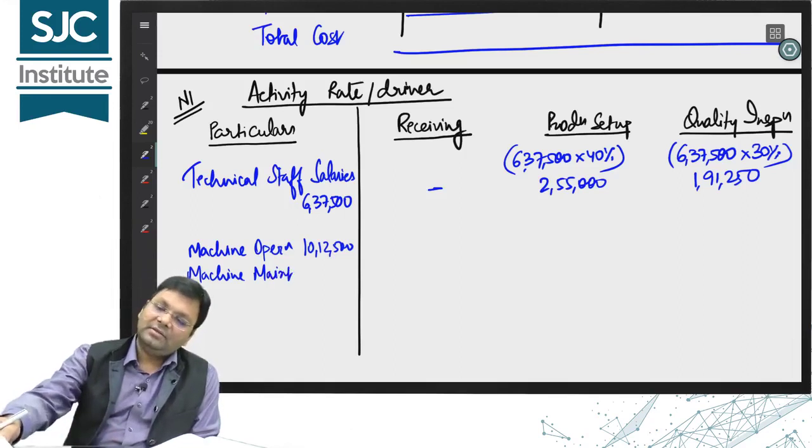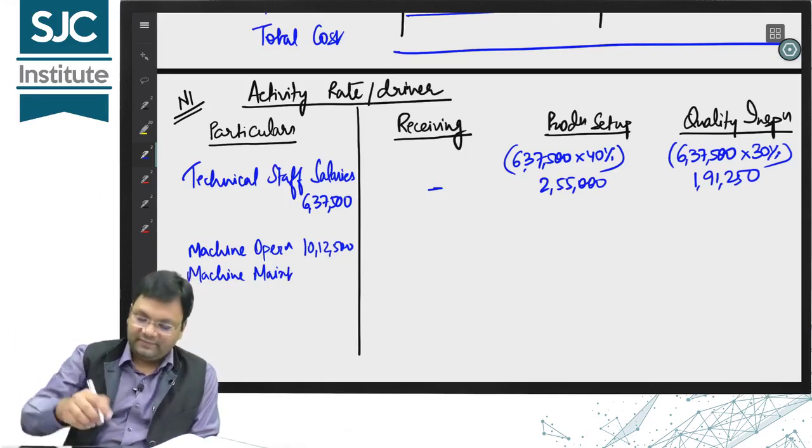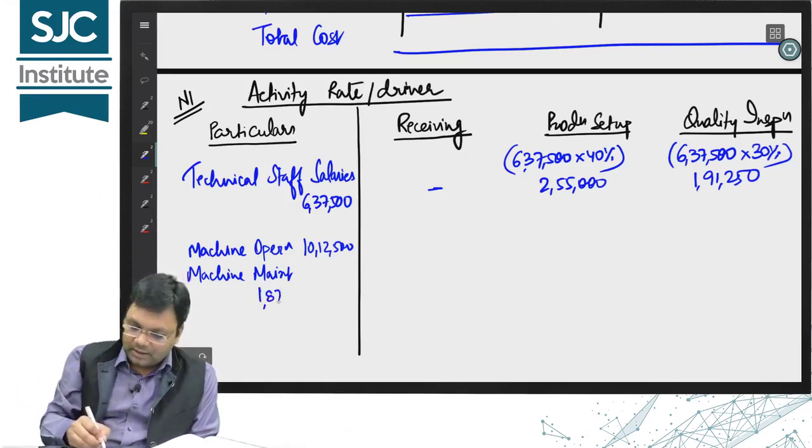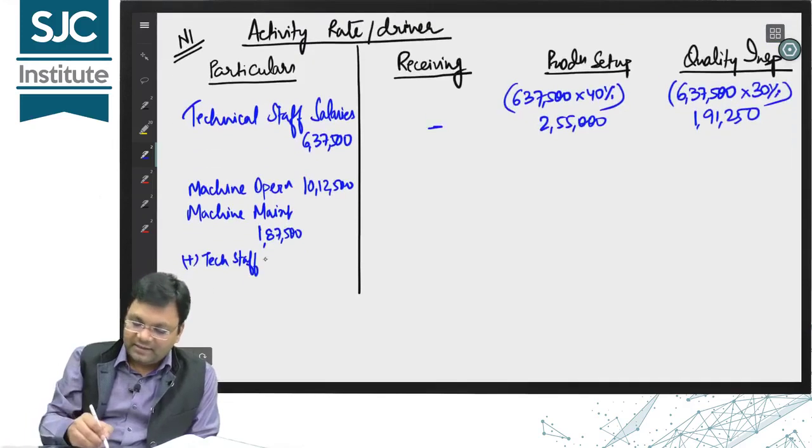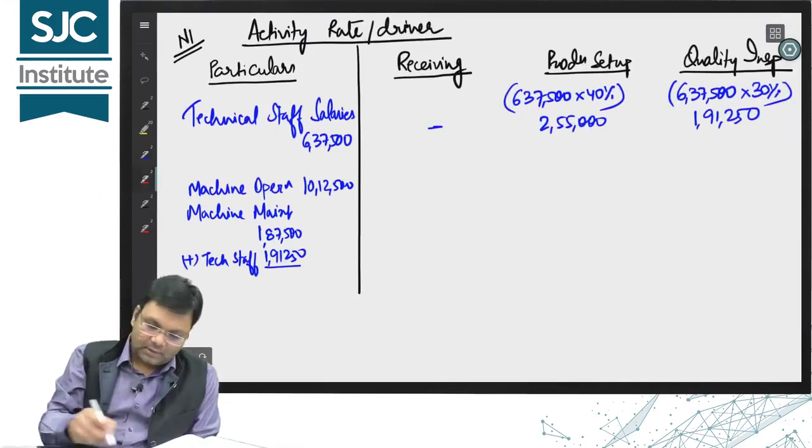In machine maintenance, cost is 187,500, inner column. In this we will add technical staff, and that will be 30% of 637,500. The figure is already there, 191,250. So a part of this is coming over here. This is the trick here.